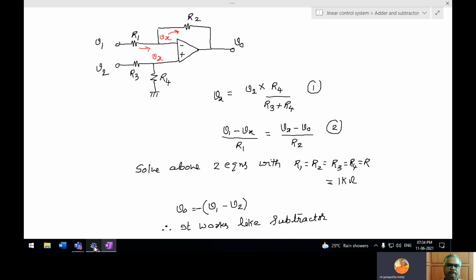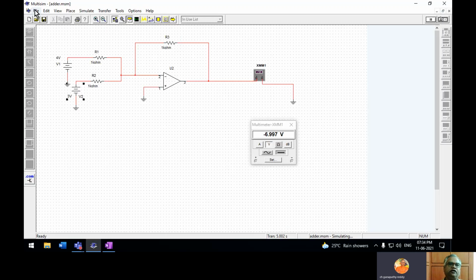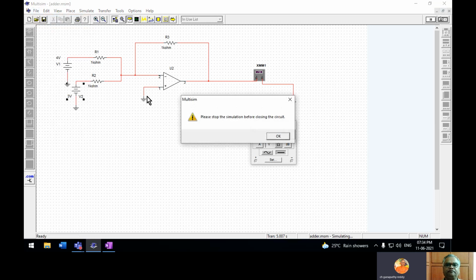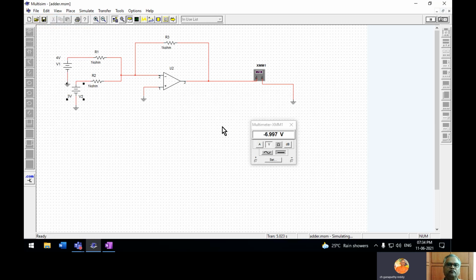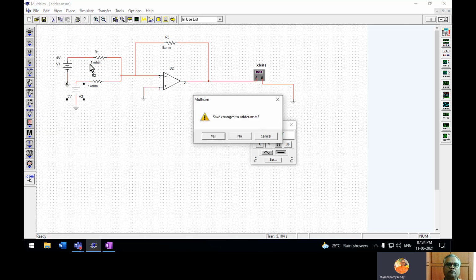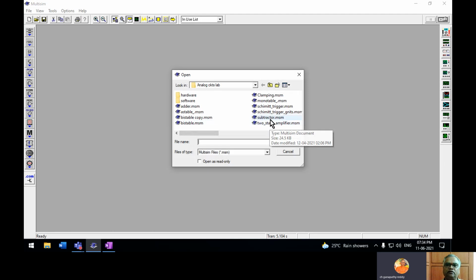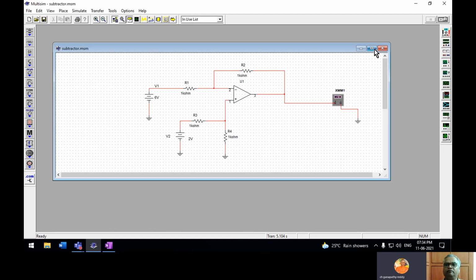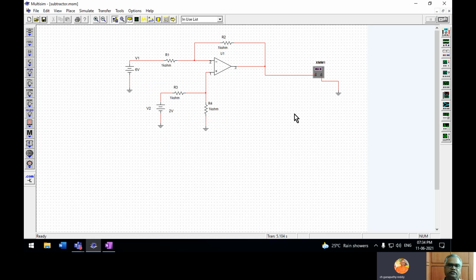Now let us verify the simulation part. So this is the subtractor. The circuit I have already rigged up, already made available just to save time.